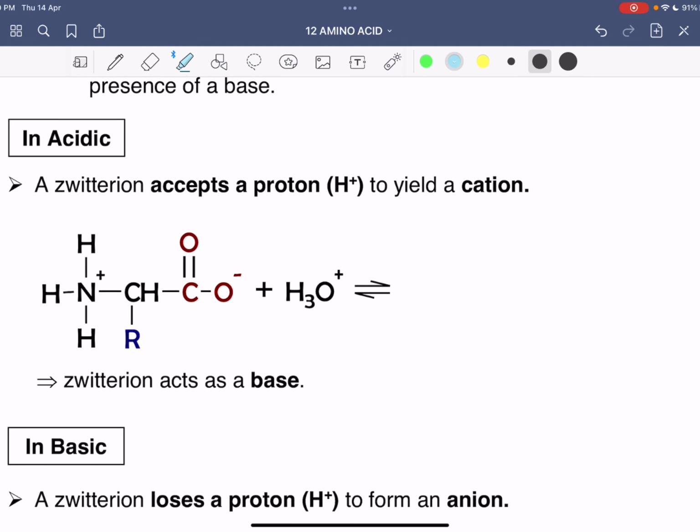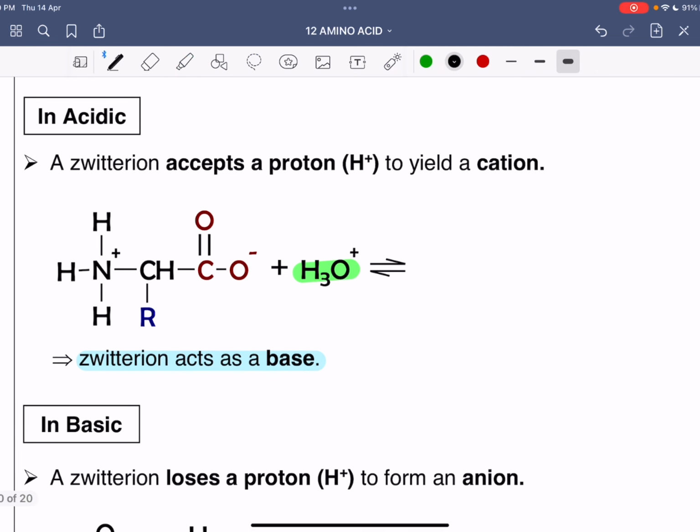In acidic solution, the zwitterion acts as a base, so it will react with acid to produce this. Who will accept the H plus?